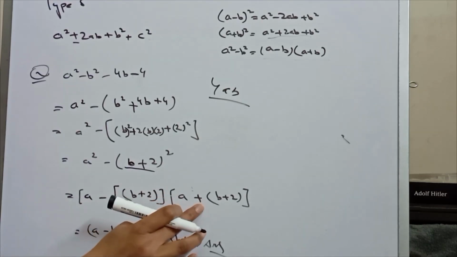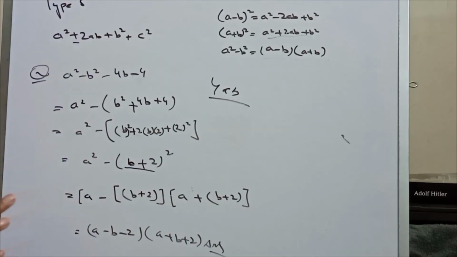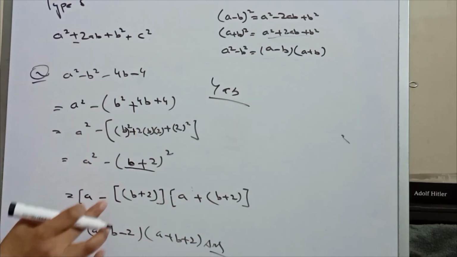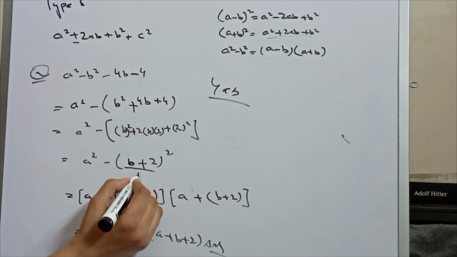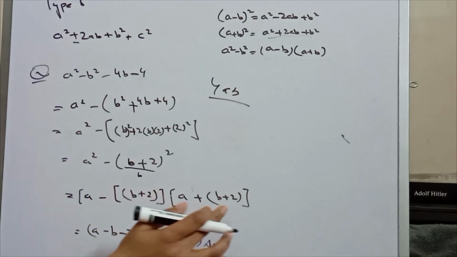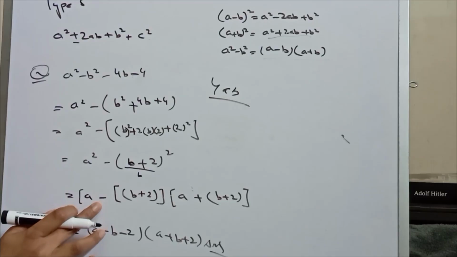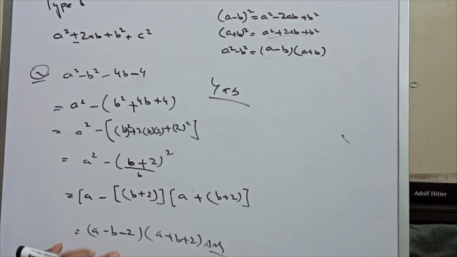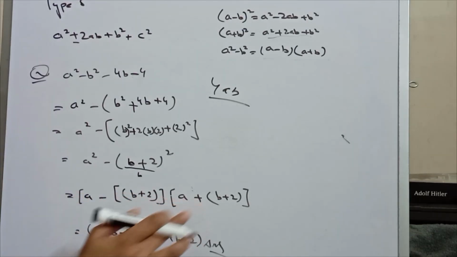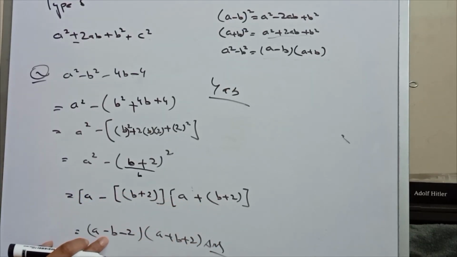Similarly, a plus (b plus 2). One time subtract, one time add. Now open it. What will it become? (a minus b minus 2) and (a plus b plus 2). Answer.